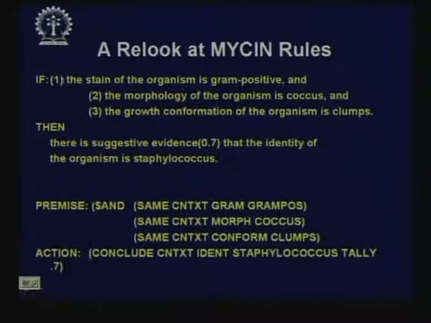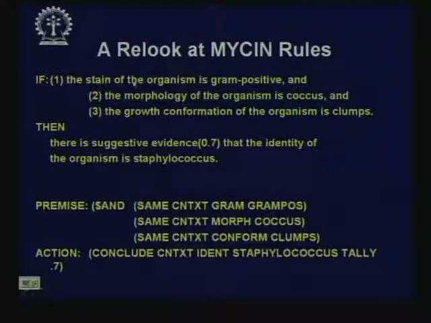Now, let us have a relook at the MYCIN rules. Say one rule I am looking at: the first antecedent is, if the stain of the organism is gram positive, we had seen this rule in the last lecture, and the morphology of the organism is coccus, and the growth conformation of the organism is clumps, then there is suggestive evidence 0.7 that the identity of the organism is Staphylococcus.